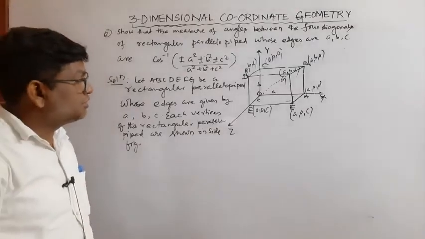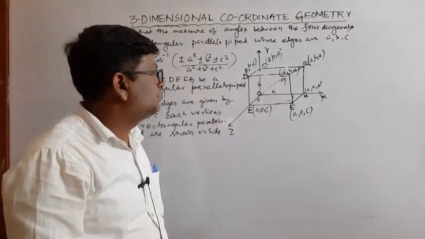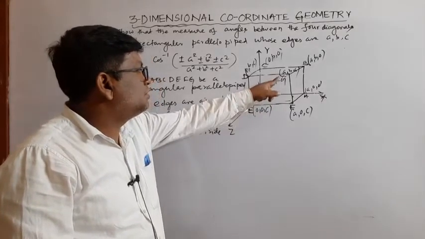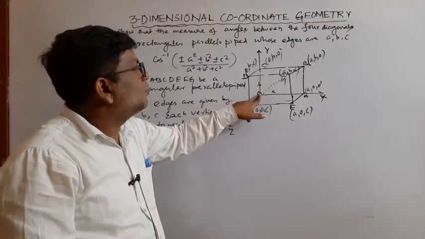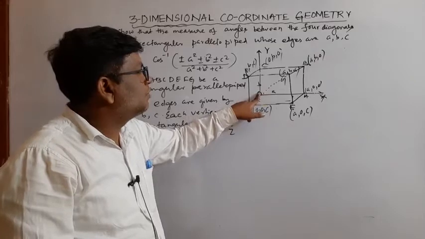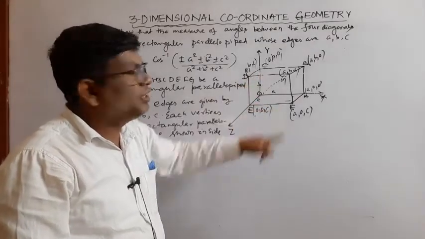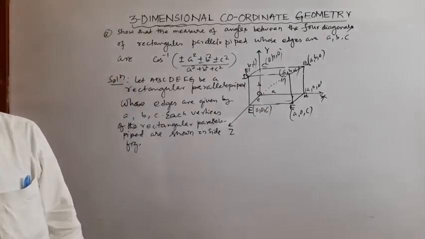So the four diagonals here are OG, and CF, and these are the four diagonals of the parallelepiped.